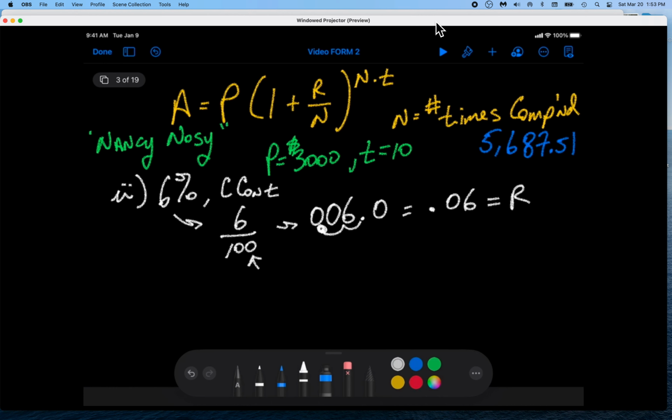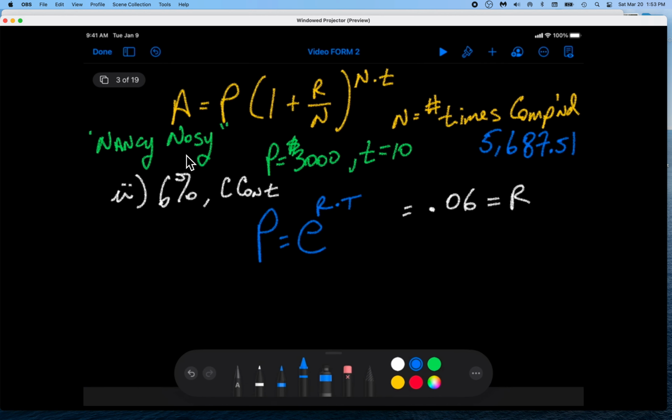Now, whenever you have compounding continuously, you use this formula. P equals E to the R times T. Notice, Nosy Nancy's been kicked out of this equation, so she's gone.